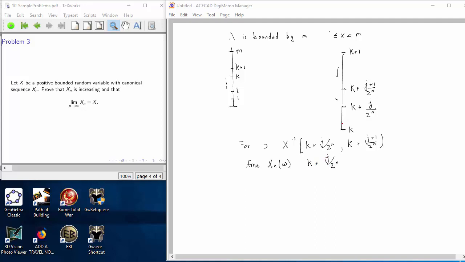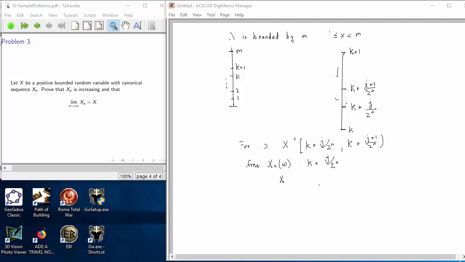In other words, the way I form x sub n is for each of these subintervals, what I do is not use the true value, but rather the value at the lower bound of the interval. There are only finitely many such values, and therefore each x sub n is a simple random variable, even if x itself is not.